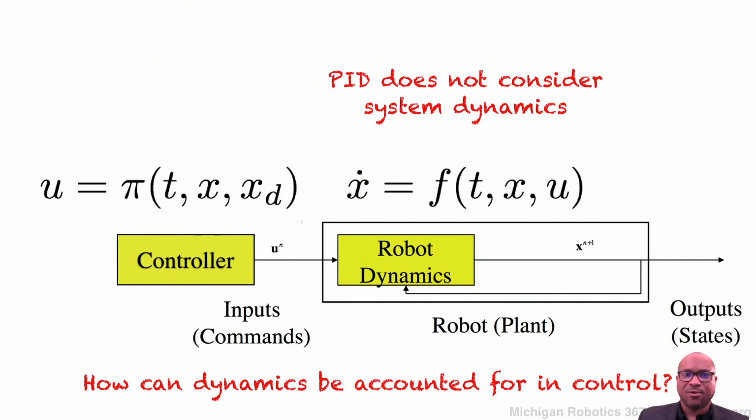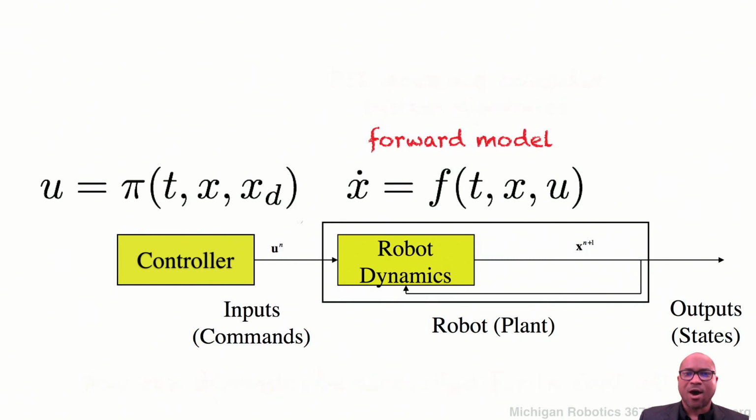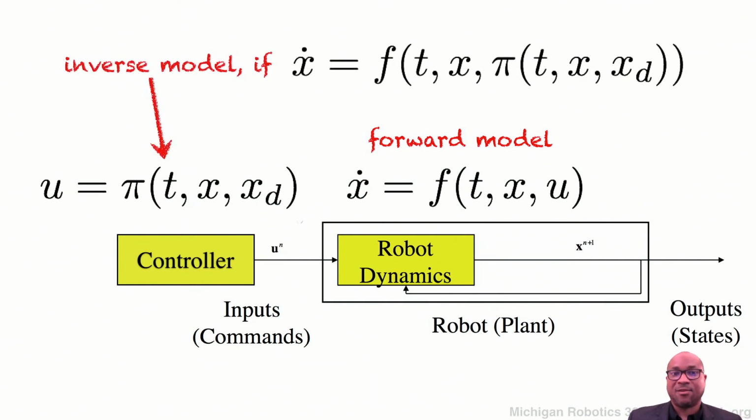And so the model that we usually have for the plant is usually called a forward model, and that is taking you forward in time. It's taking your state and your controls and telling you what your velocity or next state would be. We could also, assuming that the model is invertible, have an inverse model.